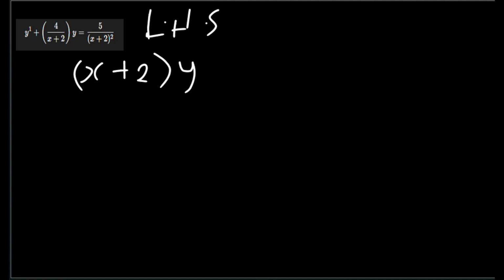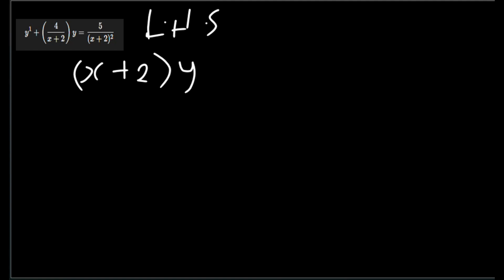So let's do that. So looking at the left hand side, we have (x + 2)^4 y.